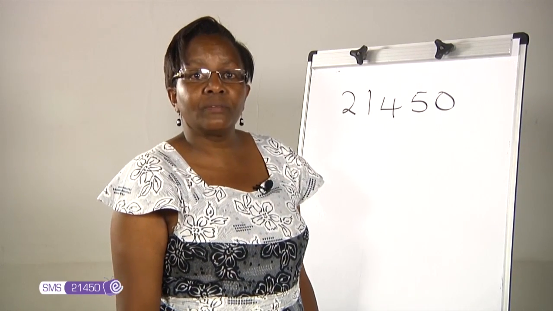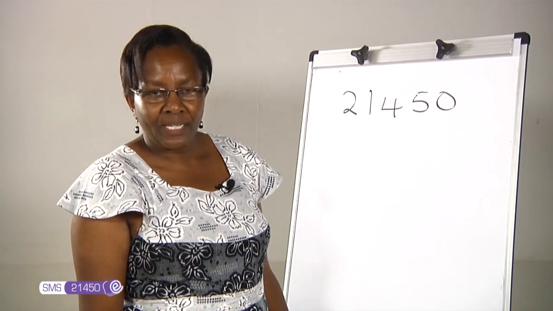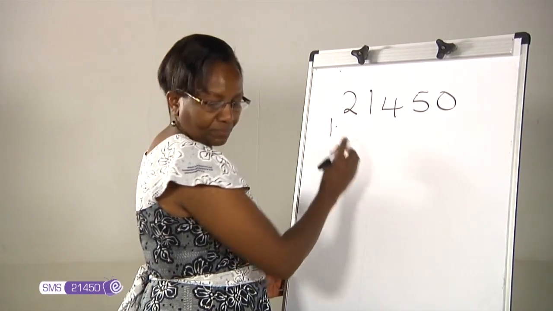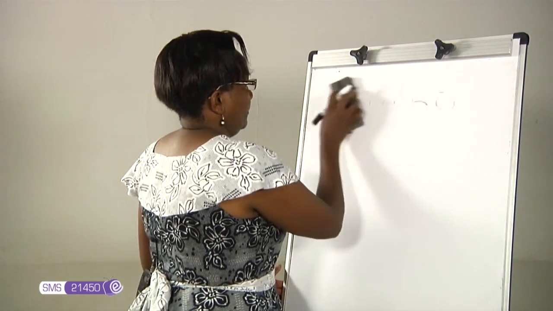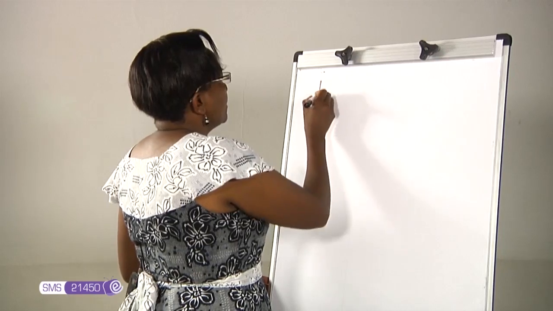Now, in Form 2, I'll first of all give you the course outline, what you'll be covering, because we encourage the students to always read ahead of the teacher. So the first topic is transport in plants and animals.